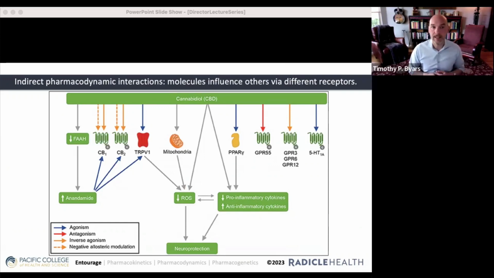And I love this illustration here because it really does give us a sense of how promiscuous CBD is, and why it doesn't really bind all that well to either of the canonical cannabinoid receptors, but it does all of this other stuff. And so the effects of CBD are probably mediated through these other mechanisms.